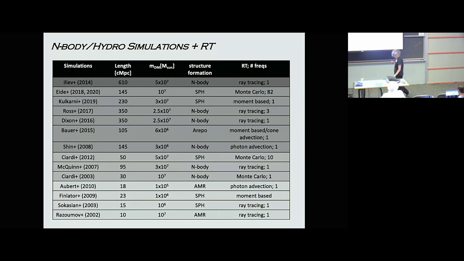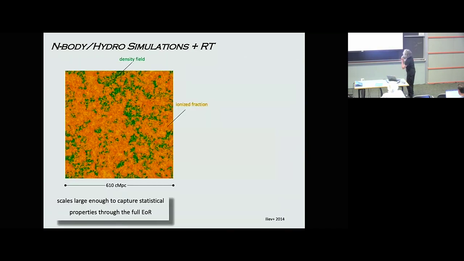So just to give you a few examples of simulations in this category, this is probably the largest one, which is based on about a 600 comoving megaparsec N-body simulation. This is a slide showing the density and ionized fraction fields.